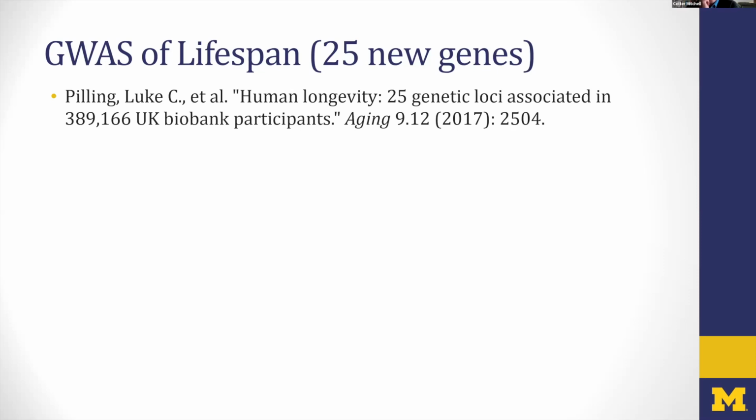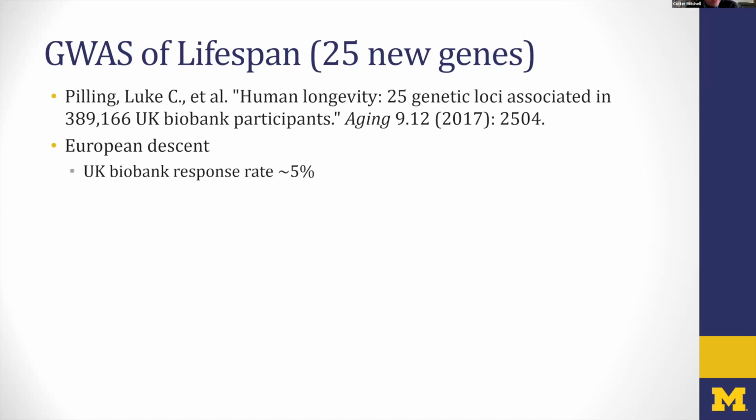389,166 UK Biobank participants. So already you probably know a lot about what that sample looks like. So UK Biobank is very homogeneous, European ancestry predominantly, and it's not even just all of Europe. It's one relatively narrow part of Europe. So European descent.